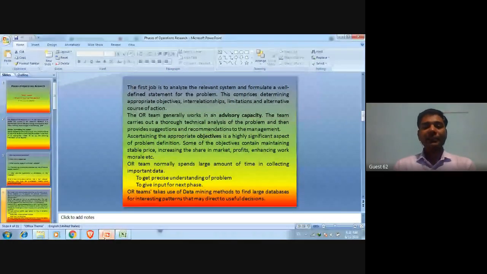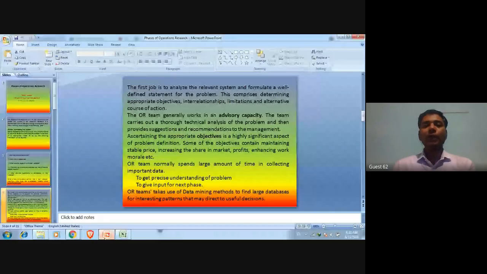The team uses data mining methods to search large databases for interesting patterns that may lead to useful decisions. Actually, without collecting the information, you cannot generate any model, or get the solution of any problem.